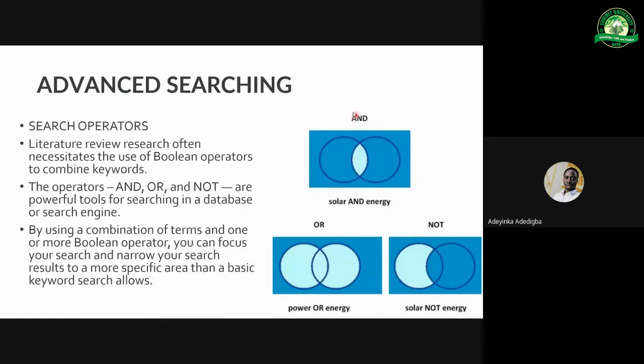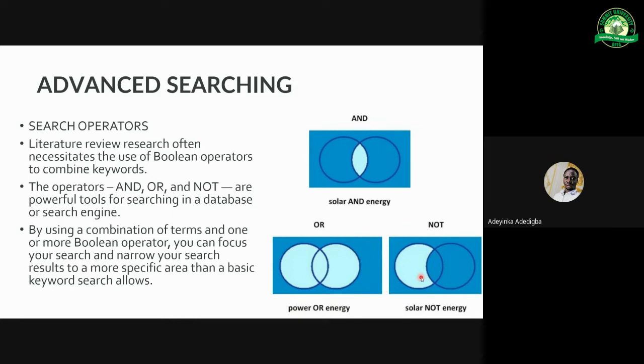If you search for a paper with the keywords solar AND energy, it is a paper that definitely includes solar and energy. If it doesn't have those two words in the keywords or in its title, it will not come out. Now, if you search for power OR energy, everything that has power or that has energy will come out, not necessarily both.